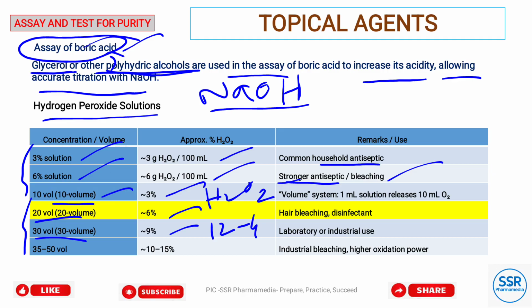And 35 to 50 volume means 10 to 50%. So hydrogen peroxide strength can be told as a percentage and also in volumes. Only the 6% is mainly used in hair bleaching, and as a disinfectant in floor cleaning and wound cleaning. It acts as an antiseptic also. The remaining are for industrial use, industrial bleaching and higher oxidation power.